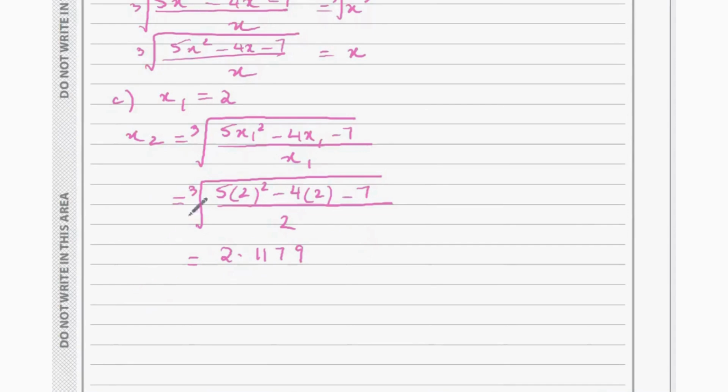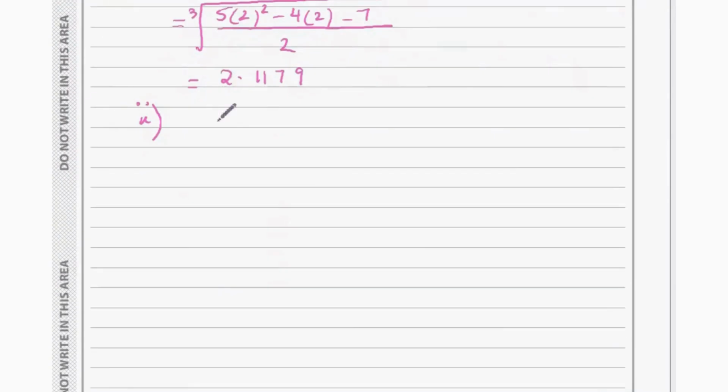Then to figure out the value of alpha, we'll keep on substituting values in the iterative formula till we have the same value each time. So for example, we have x2 right now, and I'm going to use that to find x3.